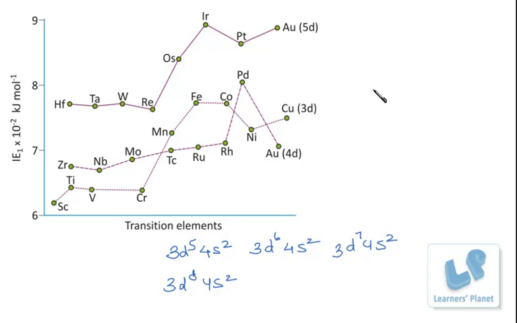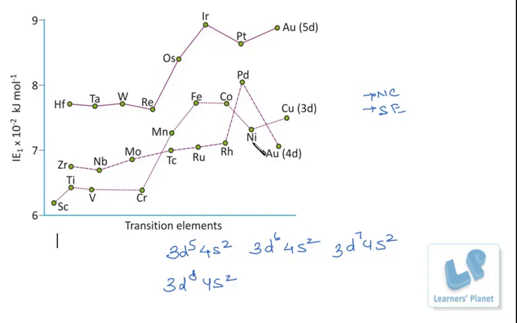So there are two forces now. One is the nuclear force of attraction, which is due to the nuclear charge, and the second is the shielding effect, which is due to the interelectronic force of repulsion. These two forces are balancing each other, right? But still this nuclear charge is increasing. You can see that the value of ionization energy at iron and cobalt is almost constant, and it reduces at nickel.